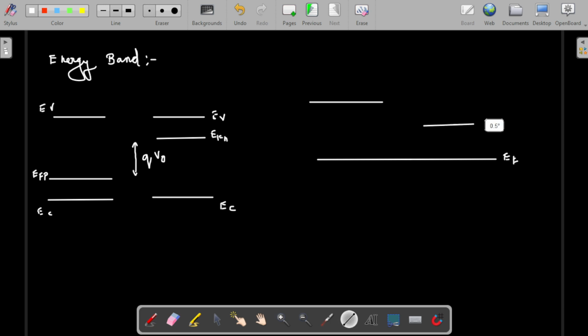It slightly decreased, because this is matched. Here there is a difference, right? So this is coming down and this is going down. So this has come down, it has gone a little up. That's why we are representing it like this. So this is EV, then here it is EV of the N type. So this is the P type and this is the N type, and both are combined. This is how.